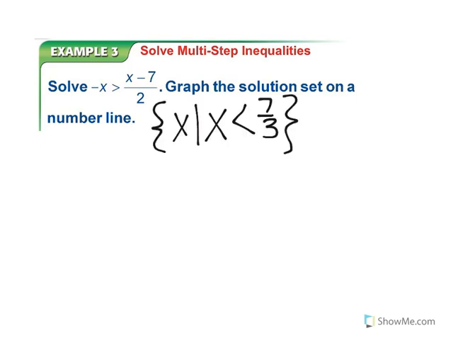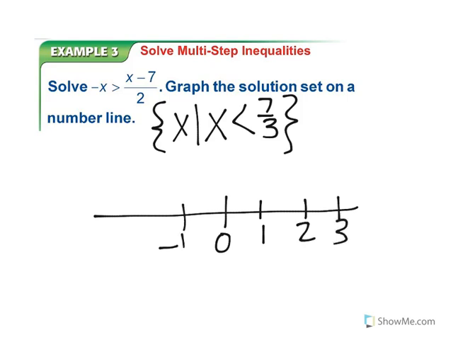So now I'm going to put this on a number line. I'm going to start at 0, go to 1, 2, 3, -1, -2, -3. If you don't know what 7/3 is off the top of your head, you can think 7 divided by 3.